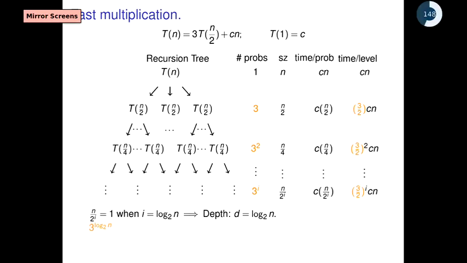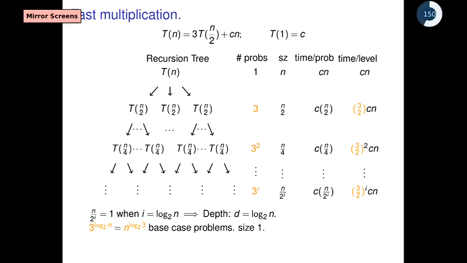And now, what's the number of leaf problems, number of base cases? Well, we said the number of problems is 3 to the I. At depth log base 2 of n, that's the depth of the base cases. You get 3 to the log base 2 of n. And this, with a little bit of work, is exactly what I did in the slide, warm-up logs. You can switch the n into 3. Okay?